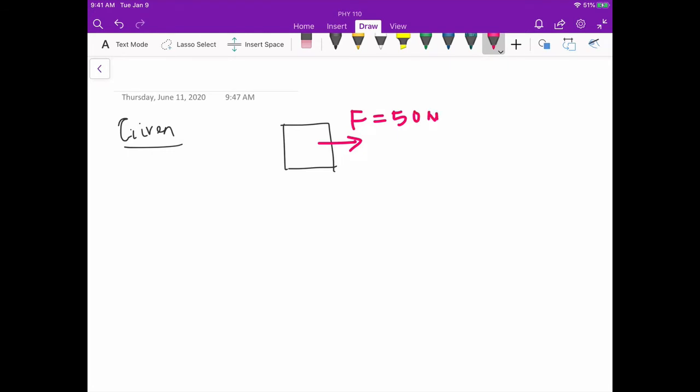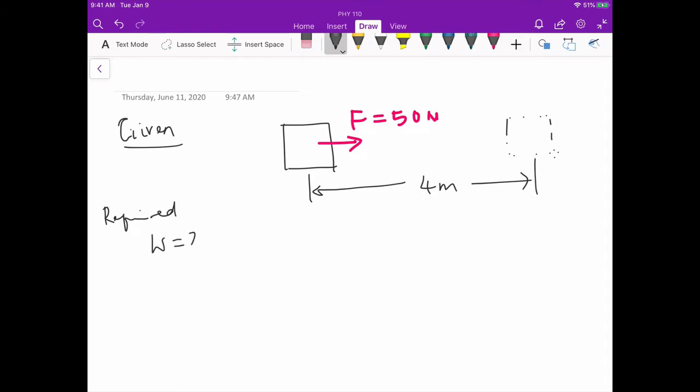Then you moved it to a new location, a distance of 4 meters. Required: what is the amount of work done?